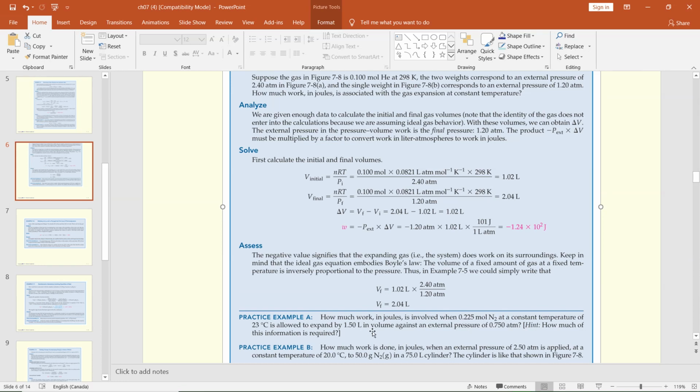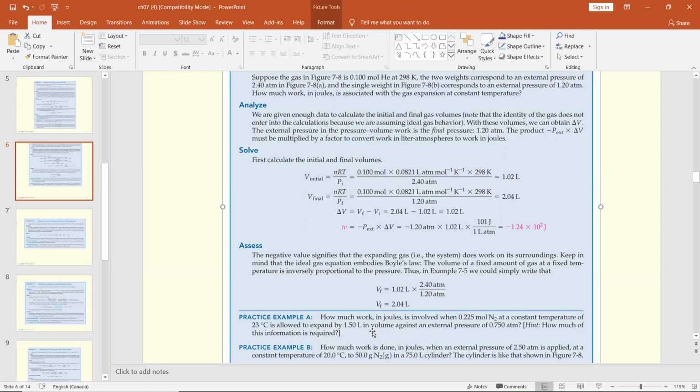Sorry, that's not minus 1.125 joules. That's minus 1.125 liters atmosphere multiplied by 100, and then we get minus 112.5.